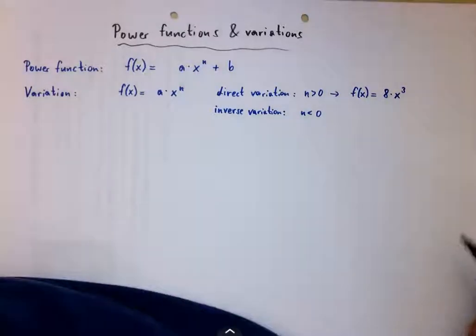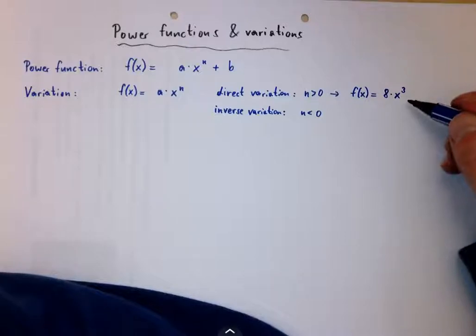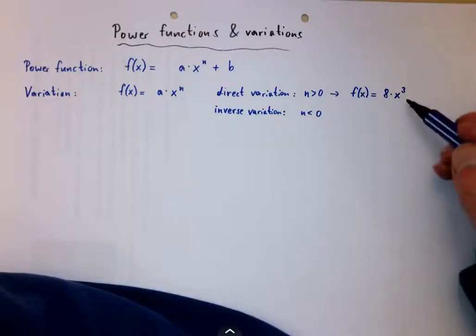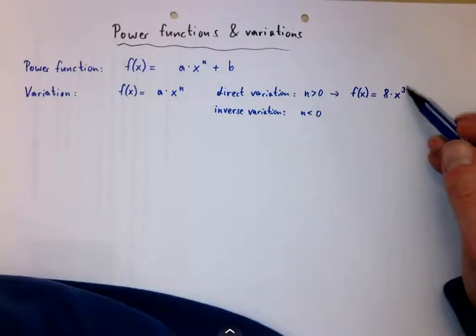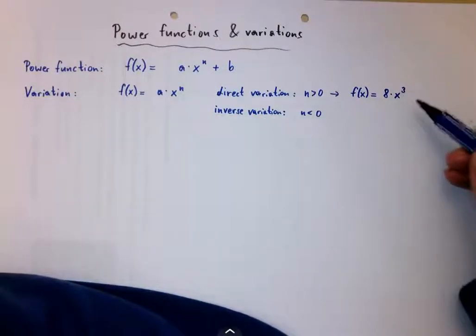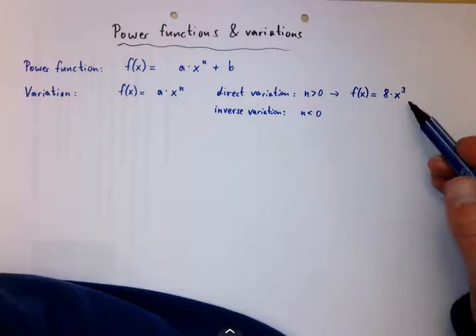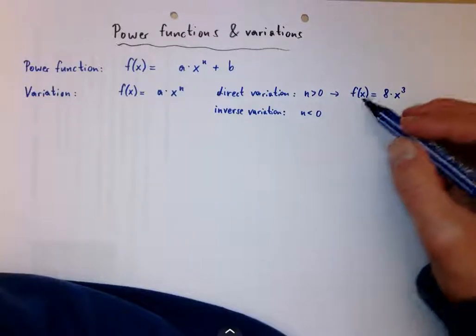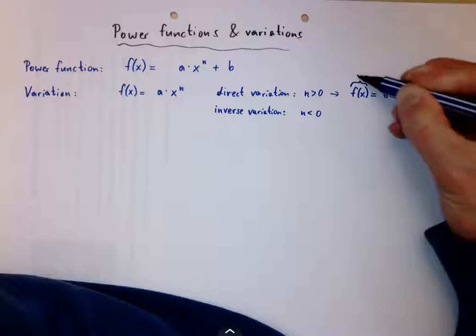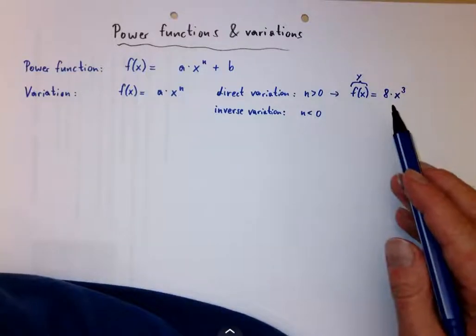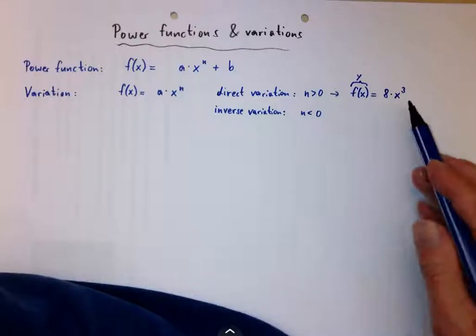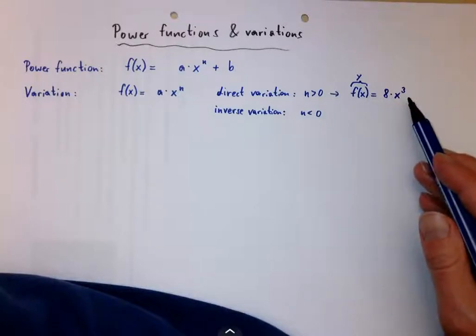This would be a direct variation of degree 3, so we call this n the degree of the function or of the variation. In this case we would also say that the y variable is proportional, or varies directly with the third power of x.